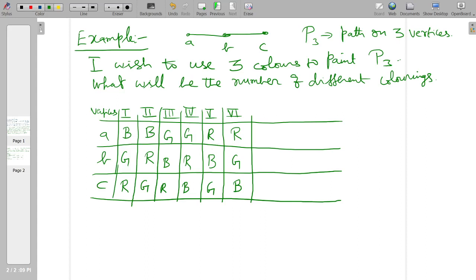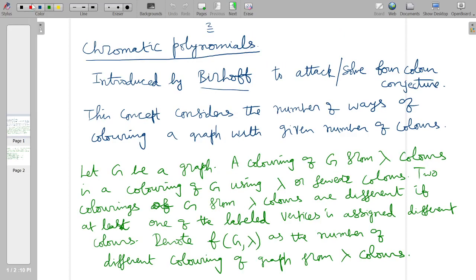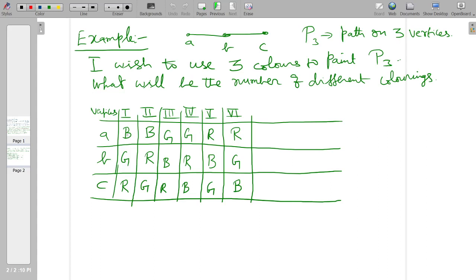In this case I have 6 cases wherein the vertices are colored with different colors. Now you can see the definition here, a coloring of G using lambda or fewer colors which does not violate the proper coloring. Here I have used all 3 colors. Now my 7th one would be blue, green, blue. It does not violate the coloring. The 8th one would be blue, red, blue.